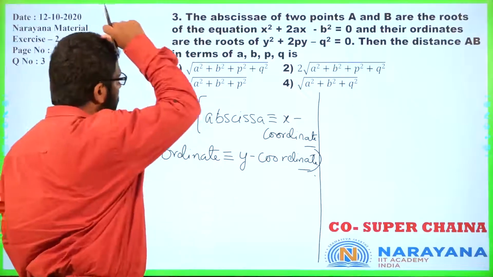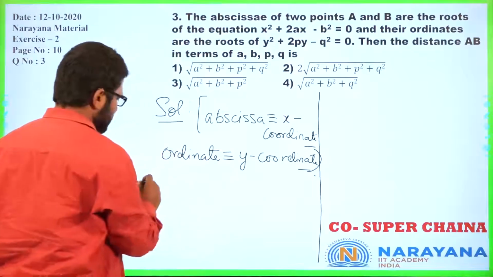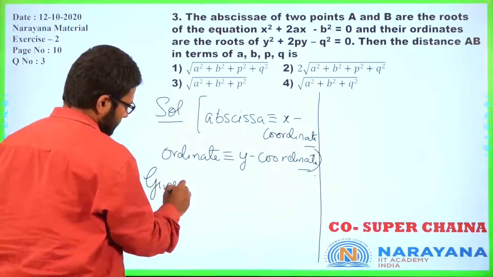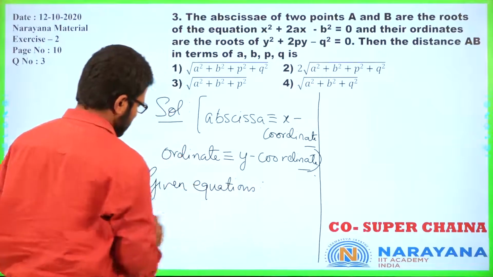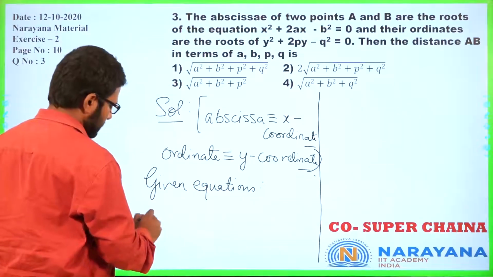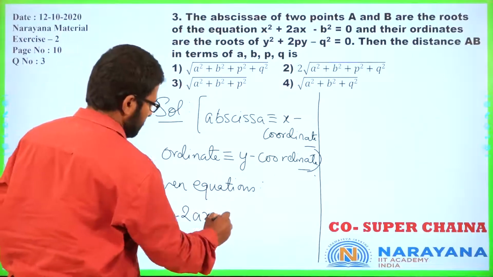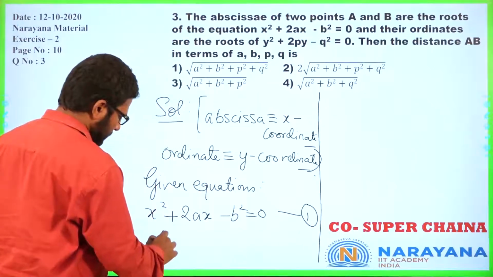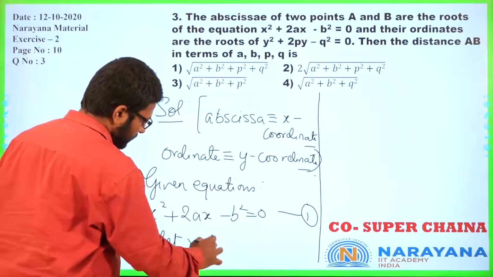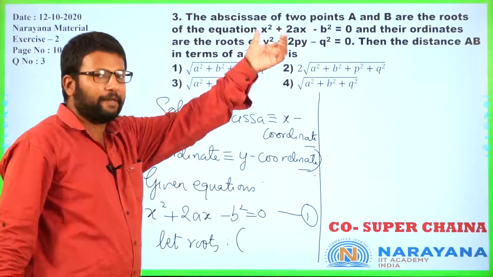Okay, so the abscissae of 2 points A and B are roots of the equation. So let us first write the given equations. Given equations: x square plus 2ax minus b square equal to 0, mark it as 1. Let the roots be the abscissae of A and B, right?